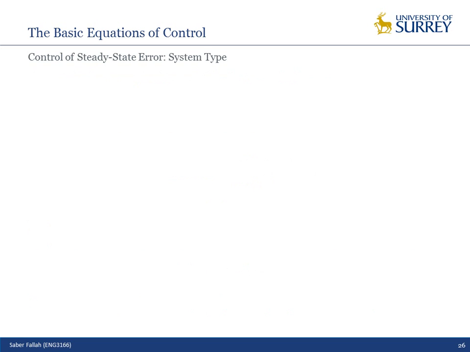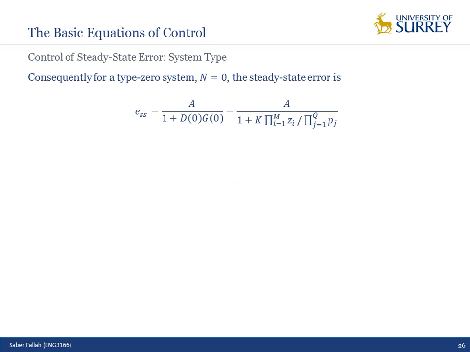Okay, so if you look here, I just substitute the loop transfer function when n is equal to 0. There is no pole at origin.